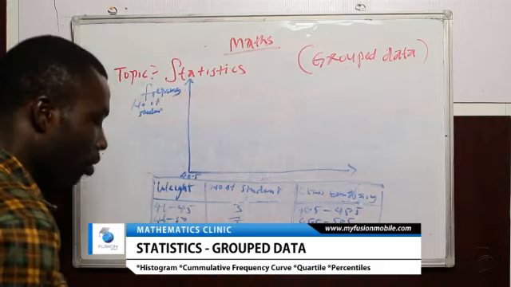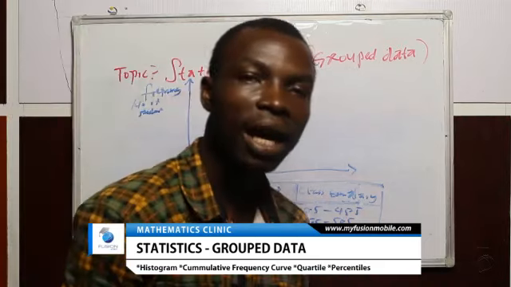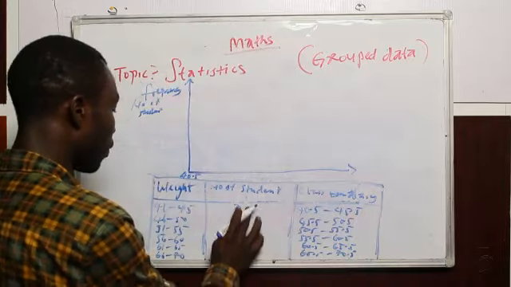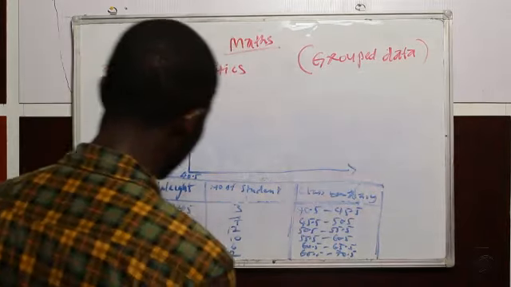But before then, we have to choose our scale. Which scale are we going to use for this? What is the highest number here? The highest number in our frequency, the number of students, is 12.